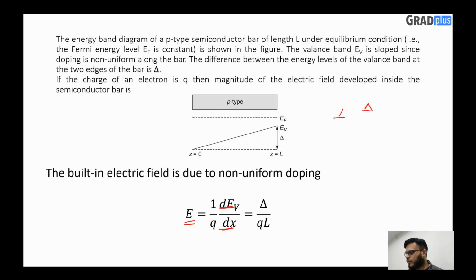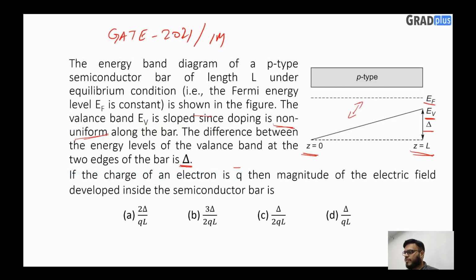So it will be 1 over q times delta over capital L, that is delta over q into L. Now once we move back, we can check the 4 options and we can say D is the correct answer. Thank you.